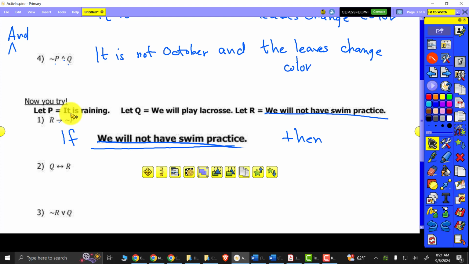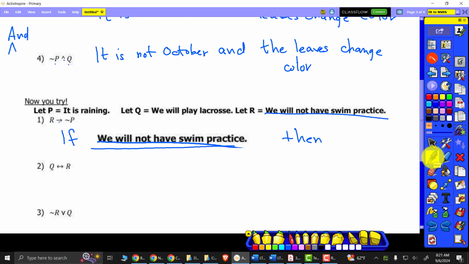So we have to negate it is raining. So how do we negate it is raining? This time I cannot just copy and paste P because we have to negate that. Then it is not raining.